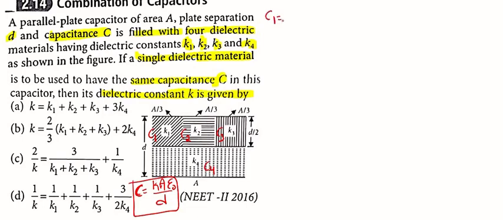C1 is equal to the dielectric constant K1, area A by 3, epsilon naught divided by the distance D by 2. So C1 becomes 2K1 A epsilon naught divided by 3D.